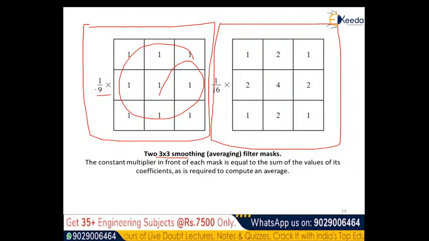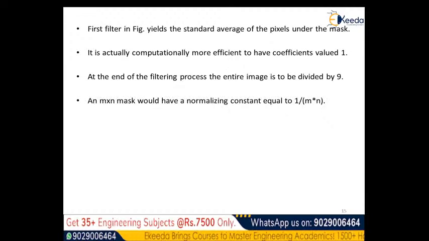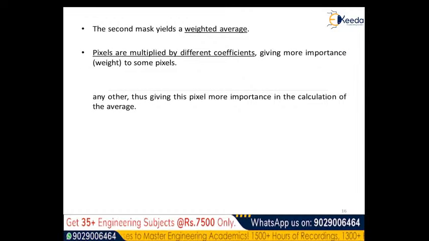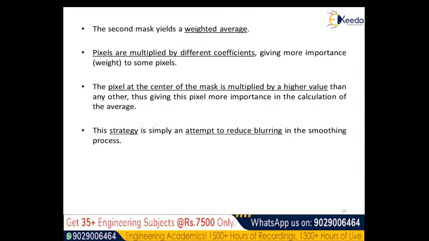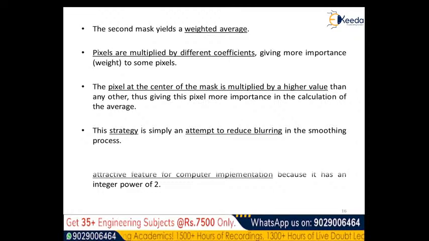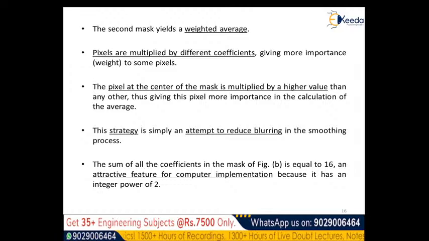Hence for averaging we divide by 9 here, whatever the summation comes up to. And for the other mask this particular summation comes up to be 16. That is why we multiply 1 by 16 to this particular averaging filter mask here. So I hope it is very self-explanatory for this particular spatial filtering of the smoothing type here. We have the two masks described, that is 1 by 9 into the filter mask and then 1 by 16 into the other filter mask here.